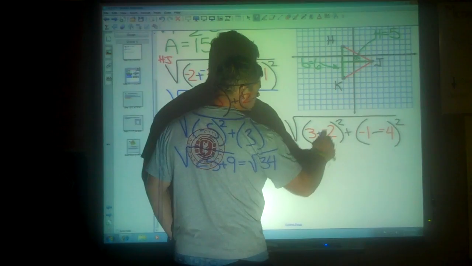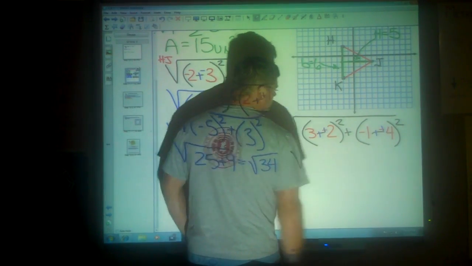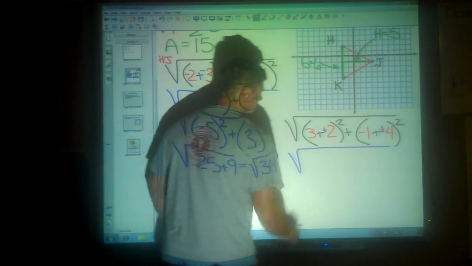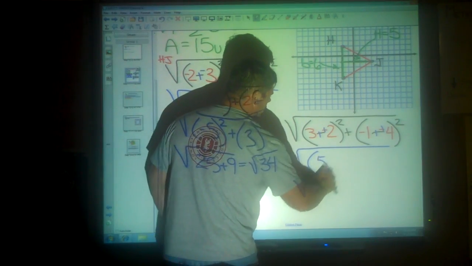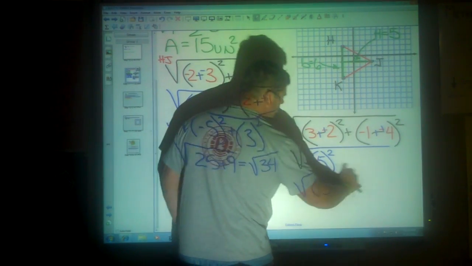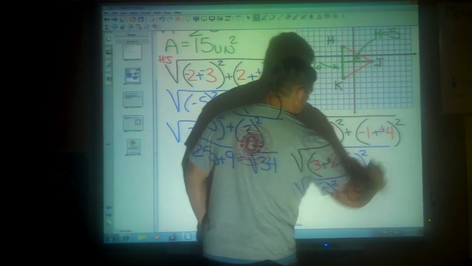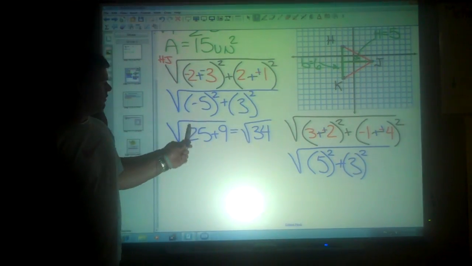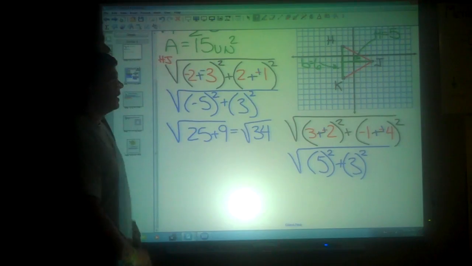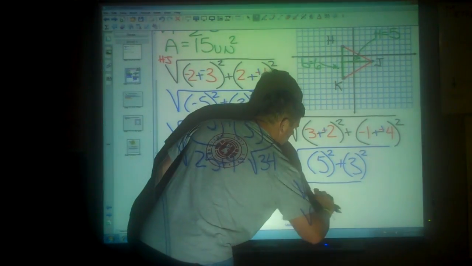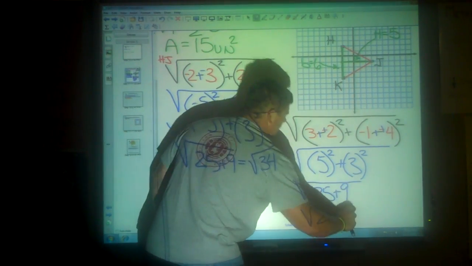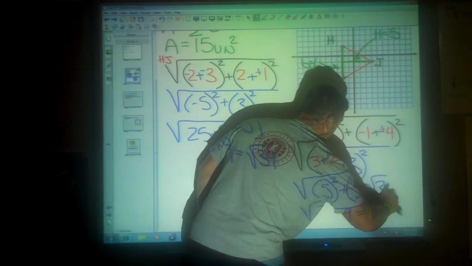I watch my signs, plus positive, and I end up with 5 squared plus 3 squared, which is looking eerily familiar to this over here. 25 plus 9 makes the square root of 34.